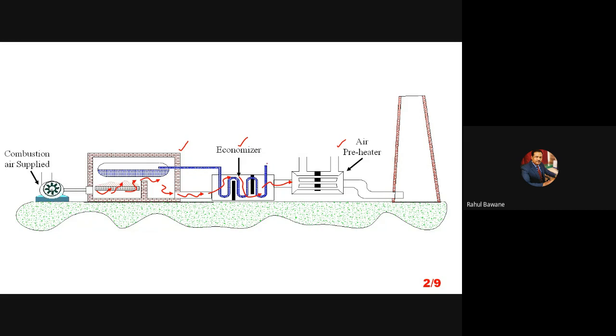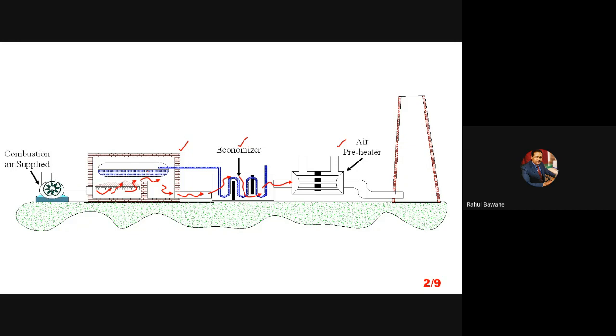We are supplying feed water to the economizer, and when that water flows through the economizer, the hot gases utilize their heat to preheat the water. No doubt the hot gases lose some heat and your feed water gets preheated, and that preheated water we supply to the boiler. So in the boiler itself we require less heat to generate steam.